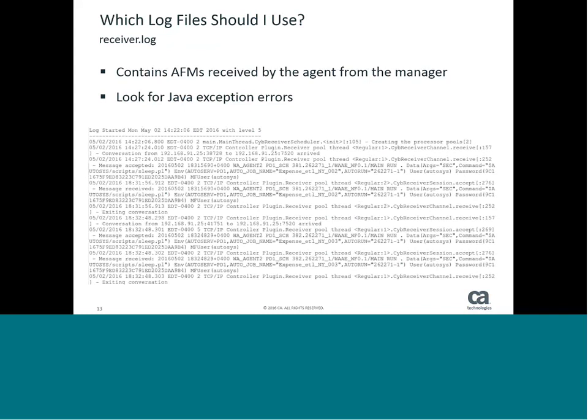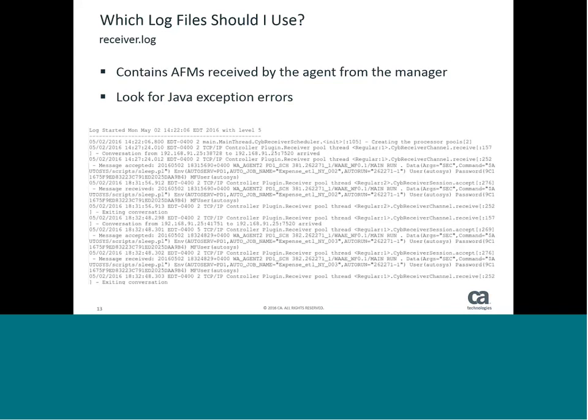So if the AFM message is incorrect, that is, when we talked about the AFM messaging and we showed you the AFM messages themselves, this is what is being passed, and this is why that's important. That's why we covered the AFM construct, the actual structure of the AFM message. And what you're going to want to do is look for Java exception errors.